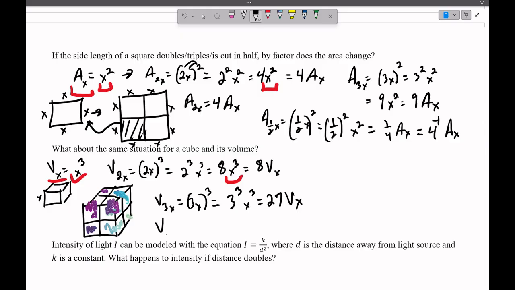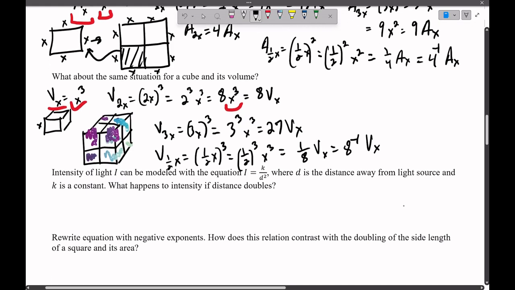And finally, if we halve the side length, 1 half cubed times x cubed, we get 1/8 the volume of x, or again, 8 to the negative 1 power, the volume of x, using rules of exponents. So it's going to be 1/8 of the size, or 1/8 of the volume of the original cube.